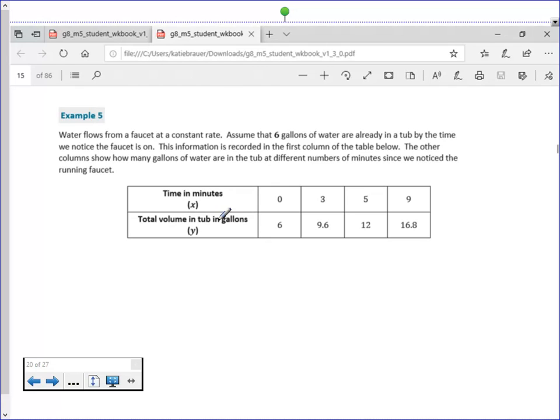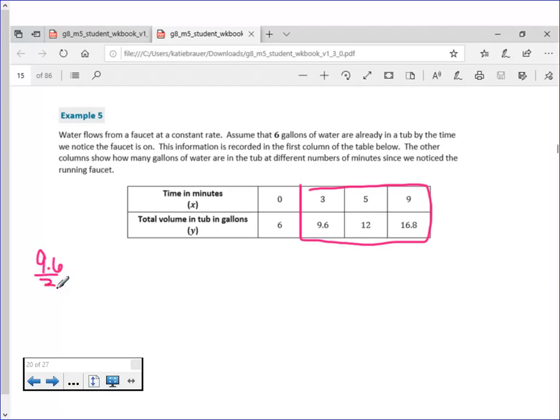So we know that we start with 6 gallons in the tub, but we still have to figure out our constant rate here. So we're only going to focus on these 3 boxes right now, not the one that's attached to the 0. I need to take 9.6 divided by 3.